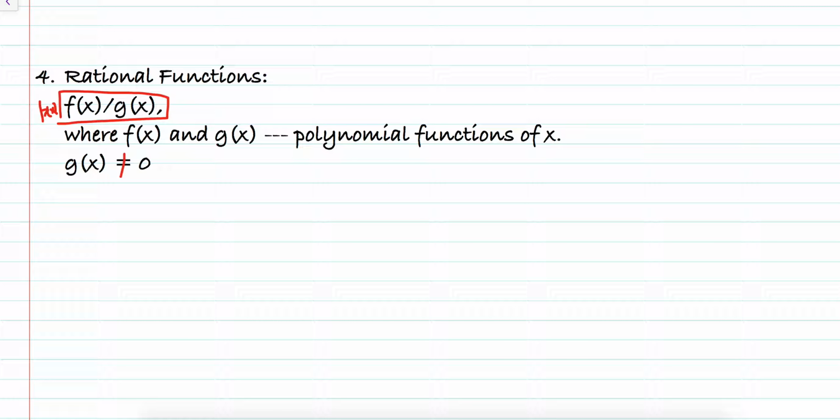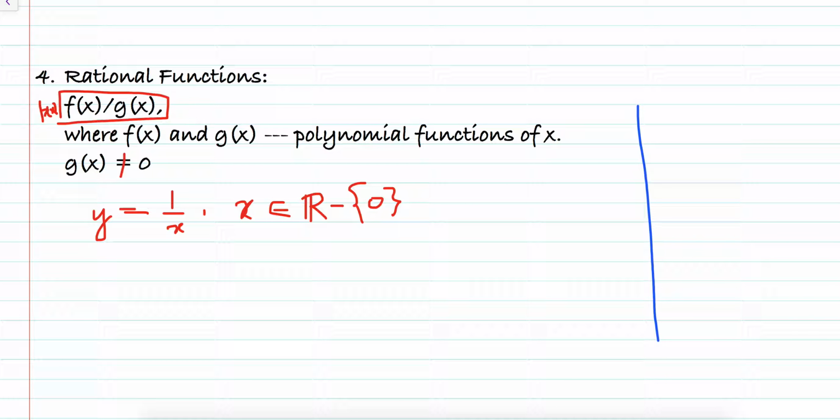So in the last class also we had taken one example. We had plotted y equal to 1 by x, where x belongs to real numbers excluding 0. We had plotted this using a table.